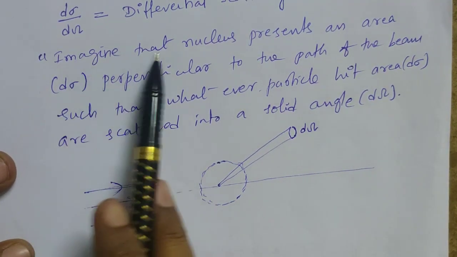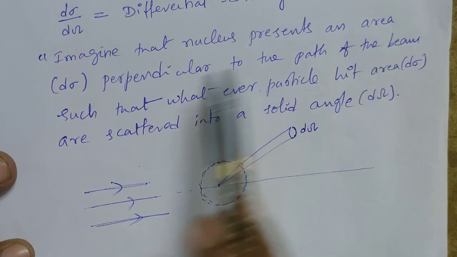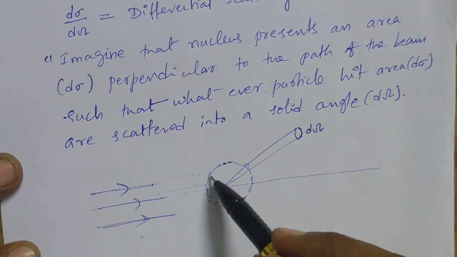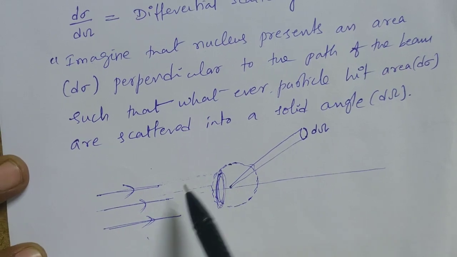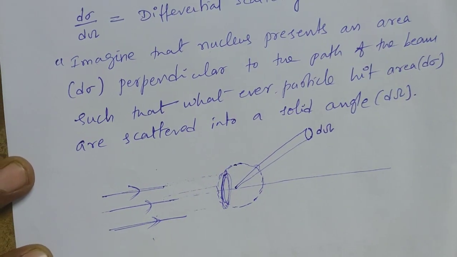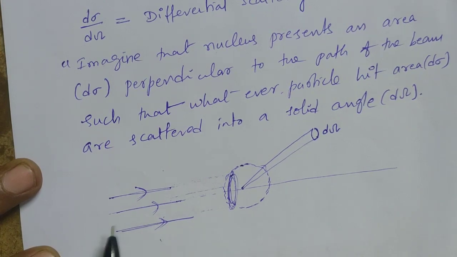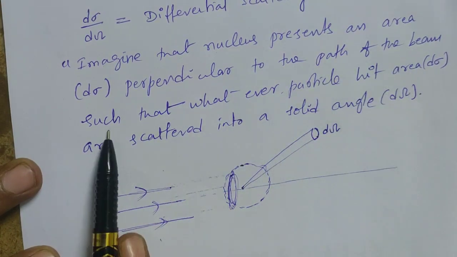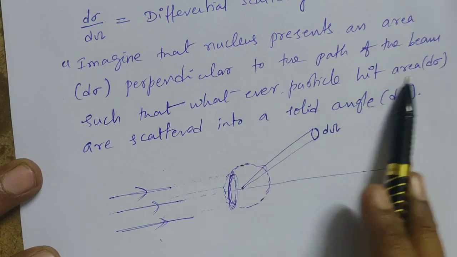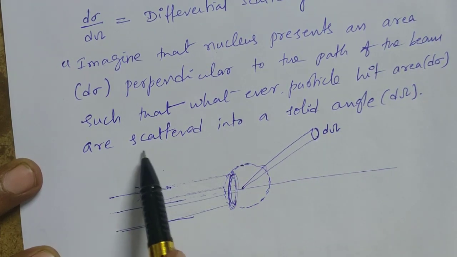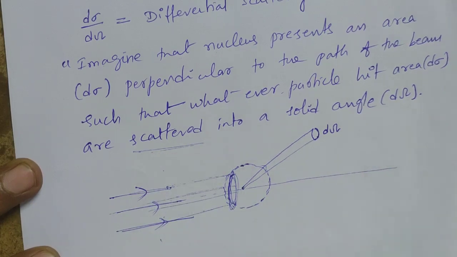So imagine that the nucleus presents an effective area d sigma perpendicular to the path of the beam, such that whatever particles hit this area are scattered into a solid angle.